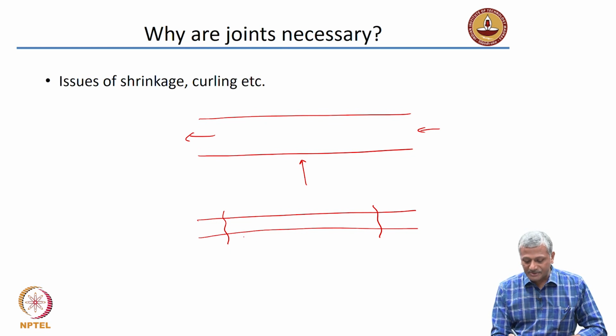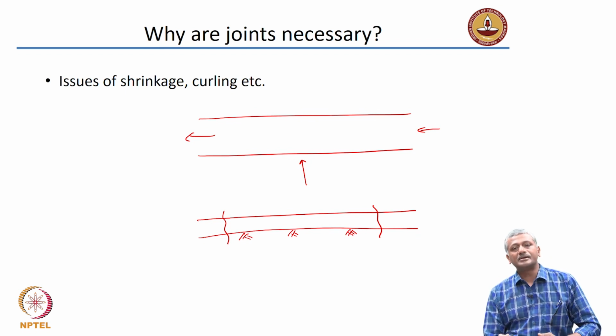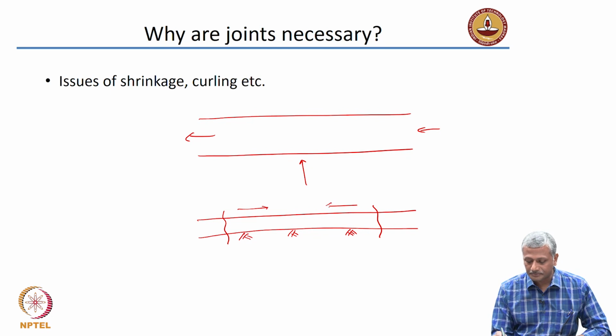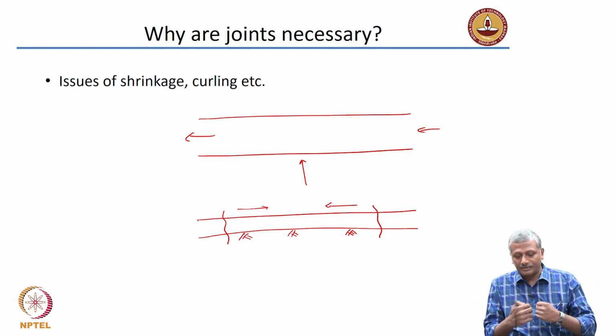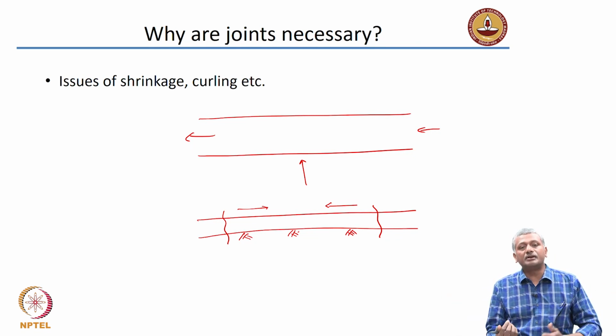So this slab is resting on the ground, right? It's not hanging freely in air, it is resting on the ground. So if the slab wants to contract because of shrinkage effects, the ground, what is it going to do? It's going to provide a restraint and prevent it from contracting.